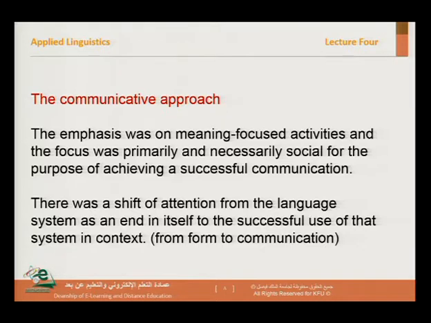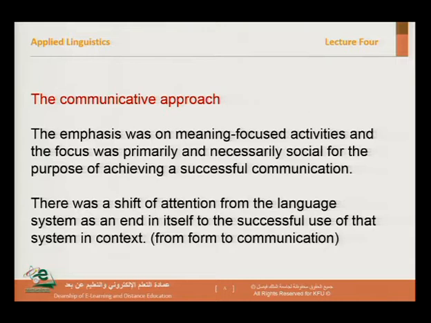Tests were, and are, based on the communicative language approach. You are teaching the students through this approach, so you should test them or assess them through this approach. This is how other areas of applied linguistics were influenced by the communicative language teaching approach.